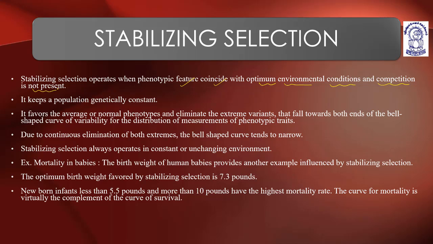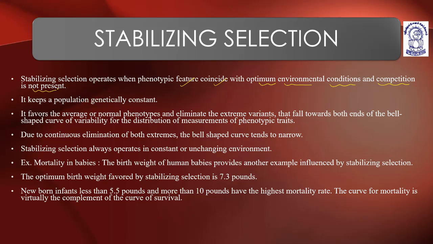This is seen in stabilizing selection, in which more individuals have all types of allelic frequencies. There is very little elimination of genes or alleles, meaning of a particular character.